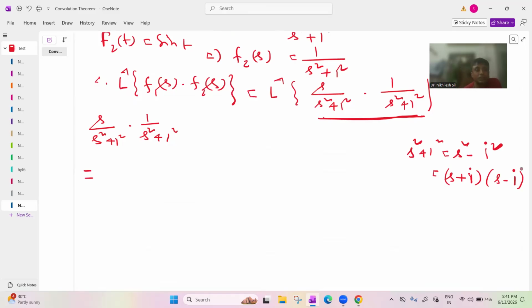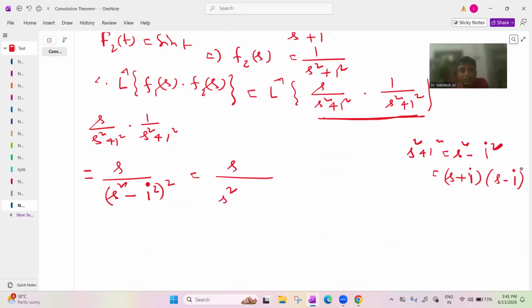So this is equal to s by s square minus i square, and this is whole square, which is s by s plus i into s minus i, whole square.